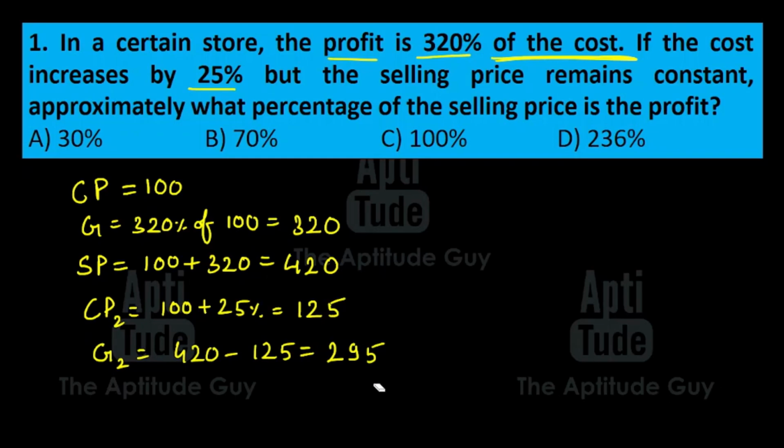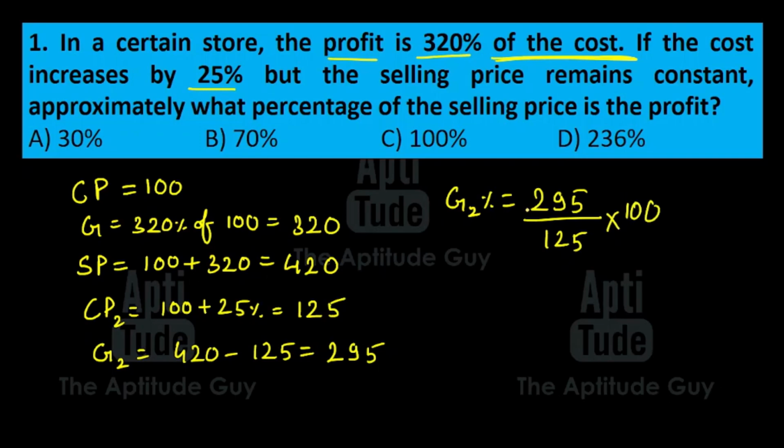Now, very important stuff. They have asked approximately what percentage of the selling price is profit. Many people who give the answer as option D, they don't read this part of the question properly. They think that they have just asked us to find the gain percentage. And gain percentage, if they had asked us to find, that would have simply been the profit, that is 295, divided by cost price, that is 125 into 100.